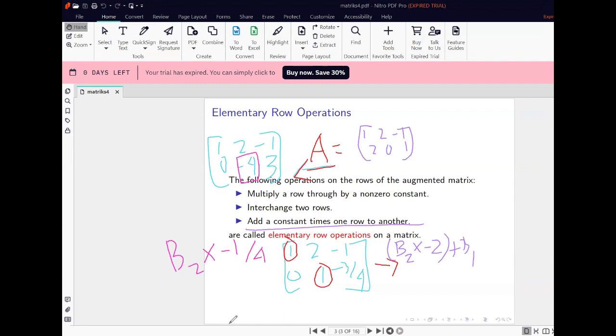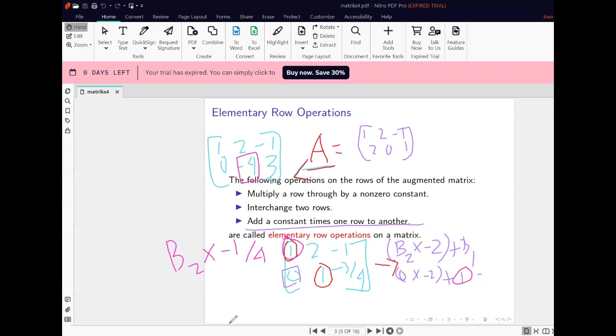For the first entry, 0, there's nothing to change because 0 multiplied with minus 2 is equal to 0. Then 0 times minus 2 plus 1, the 1 here is 1 here. It's equal to 1, so it's not changed for this entry.